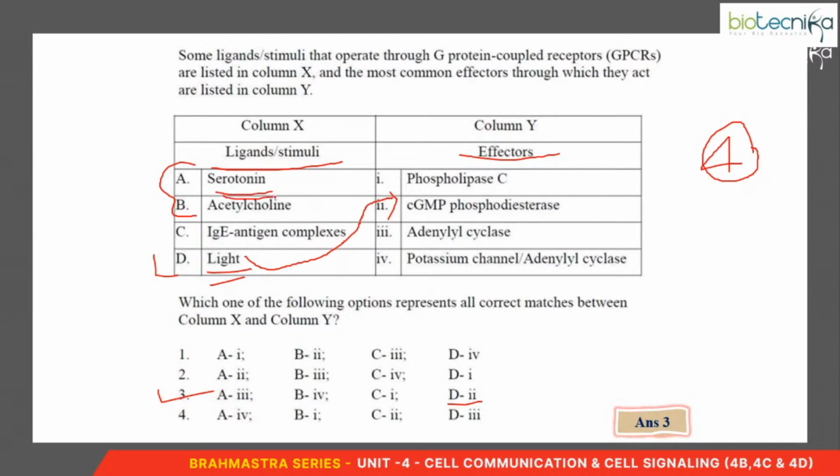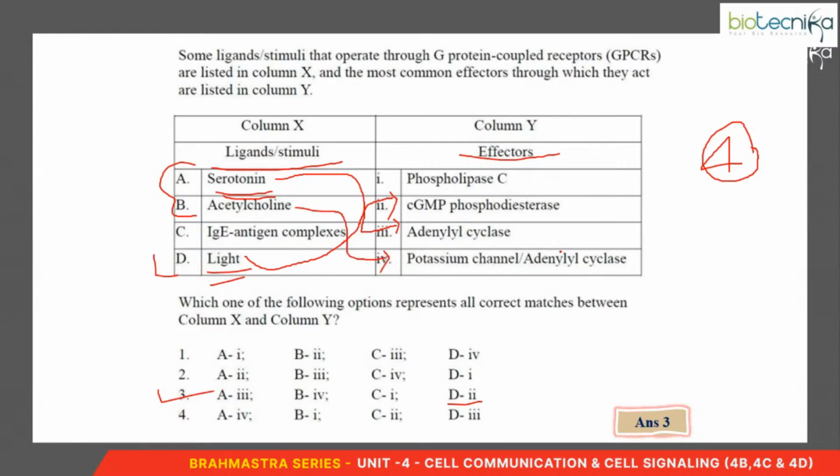Serotonin is a ligand that works in the GS pathway. If you remember, in many standard reference books you have a table listing the ligands with their corresponding signaling pathways. Do check that. Acetylcholine comes in two ways.